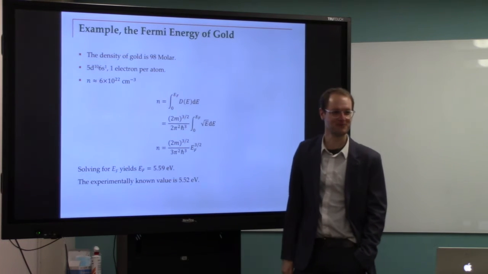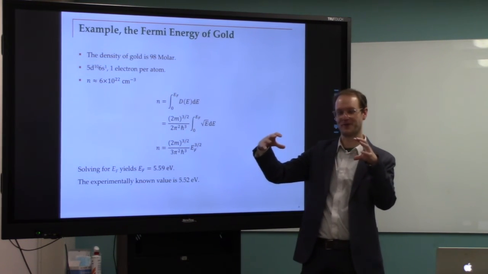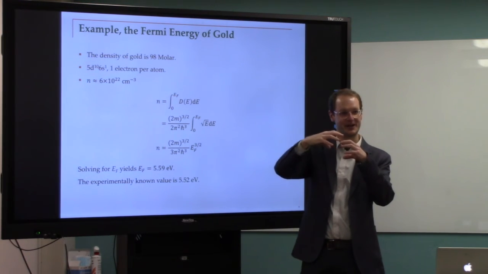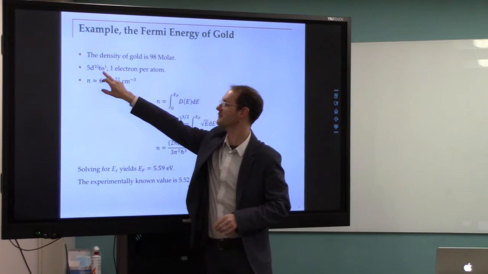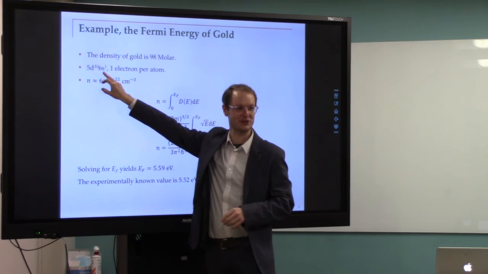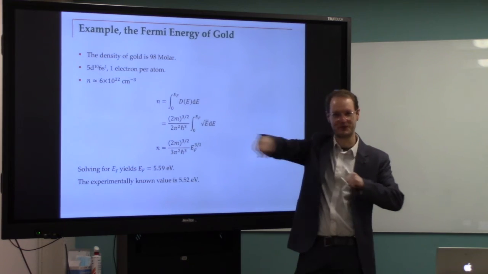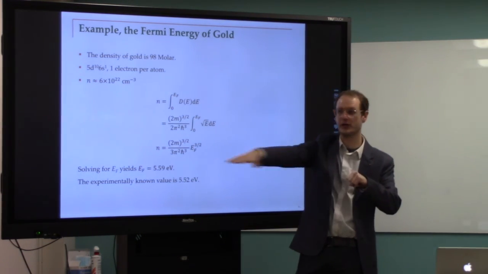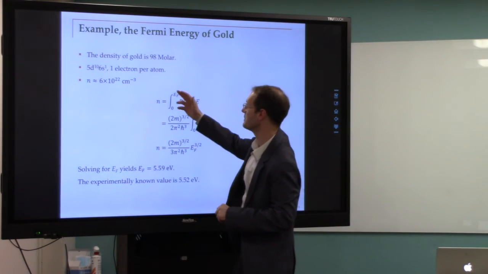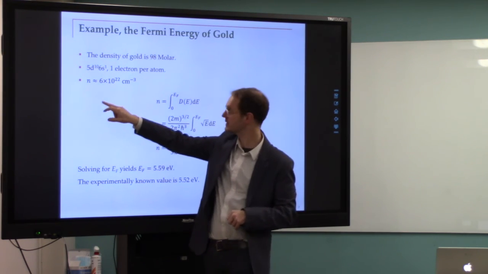So the d shell is full, so the d electrons stay bound to the gold atom, but this half-filled s shell is going to contribute to a conduction band in the gold metal. The s electrons are going to be free to explore these particle-in-a-box states. They're going to be delocalized. So there's one electron per atom that gets contributed to this valence band.